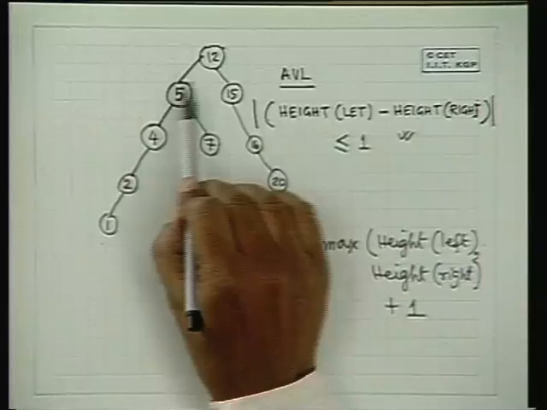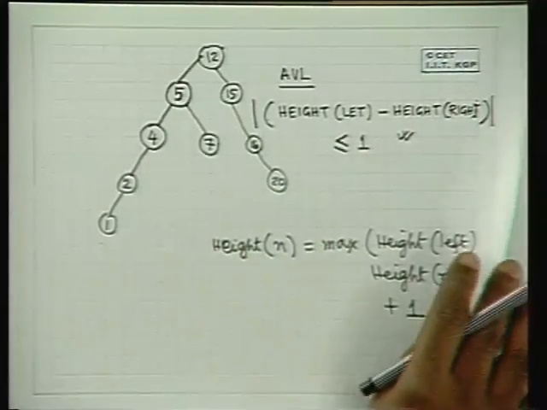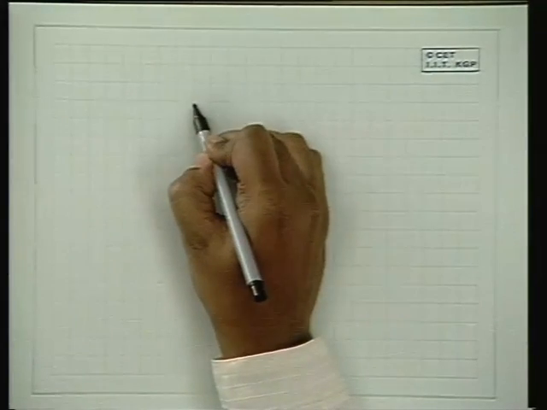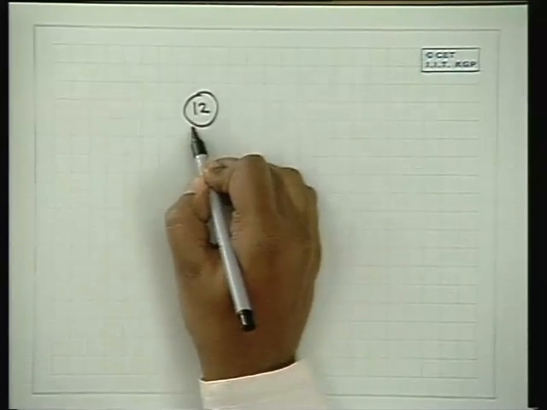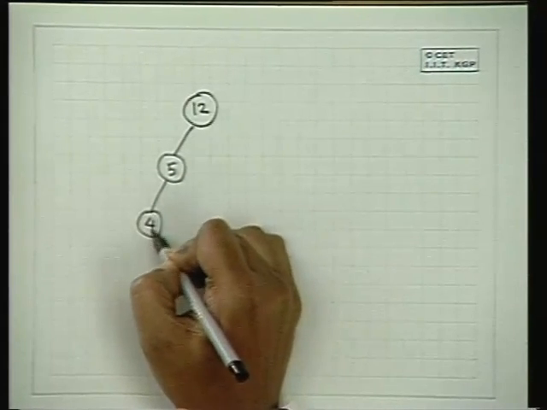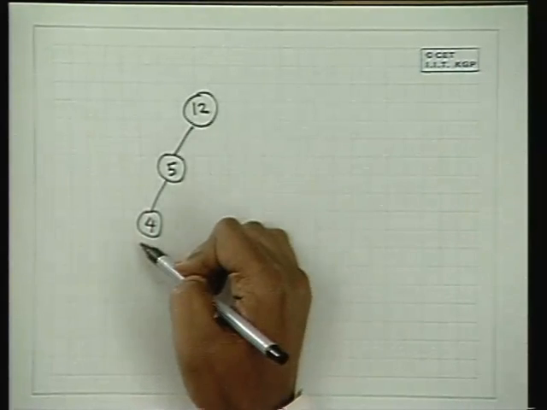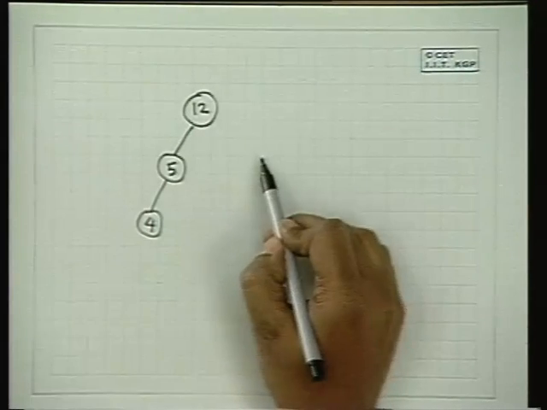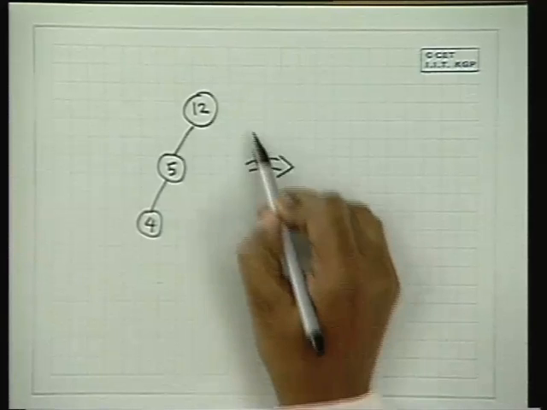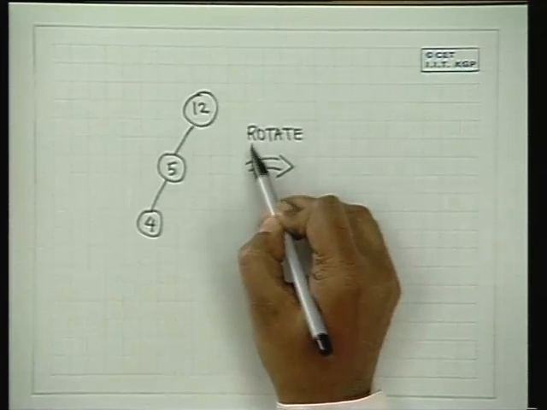So using this height value at every node, the AVL tree does what is called balancing. Quickly I'll show you. Suppose 12 is inserted, then 5, then 4. This violates the height condition because the height of the right is 0 and this is 2. Immediately it is given a rotate right.